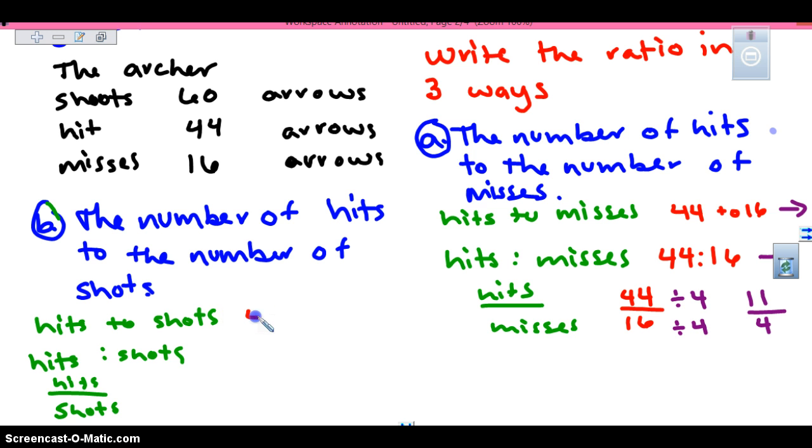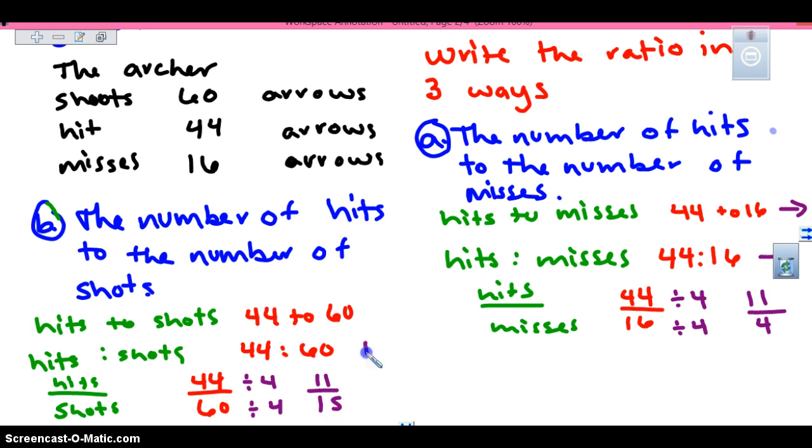There were 44 hits to 60 shots, 44 to 60 using the colon, 44 over 60 using the fraction bar. This can be simplified by dividing by 4. If we do that, we get 11 over 15, which means the same thing as 11 to 15.